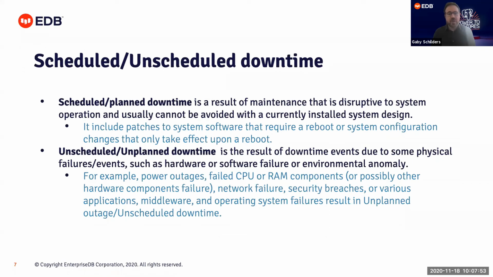If you really want to make a good calculation of where you want to be with your availability, you must first make a very good overview of all the aspects of your operation that can influence downtime. And why do I say this?